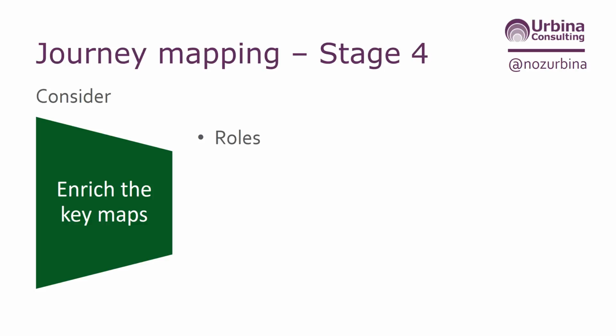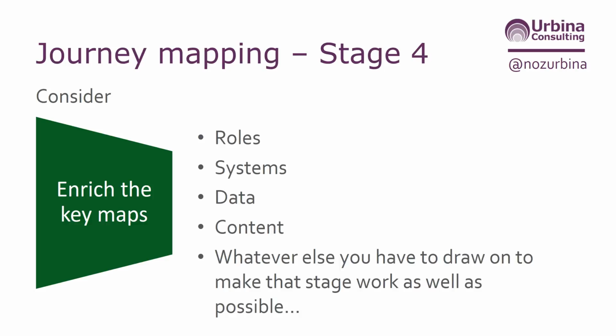So you want to consider roles, systems, data, content, whatever you have to draw on that makes that stage work as well as possible. If you know things about people, what roles they're playing, what systems you have that are going to affect that journey, and what content you have that's being used right now, then you can talk about all that in your journey map.